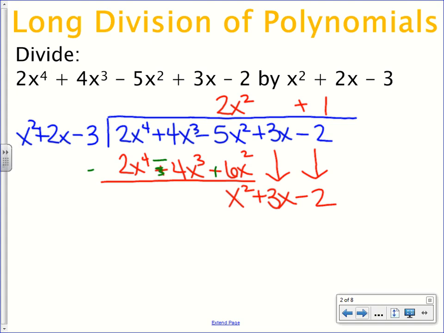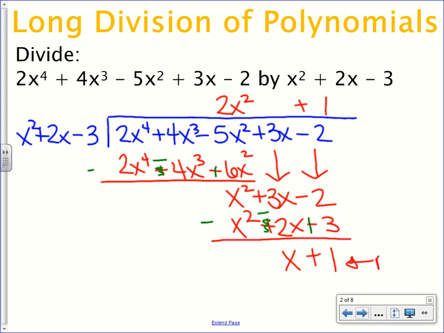So x squared times 1, 2x times 1, and negative 3 times 1. Remember, we are going to be subtracting these two, so I'm going to put that subtraction all the way through. And we are left with x plus 1.